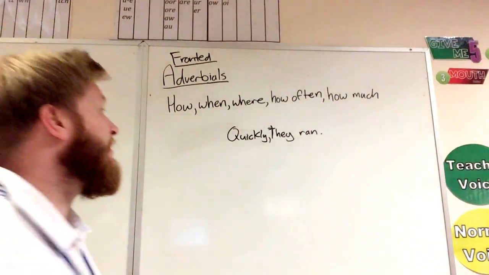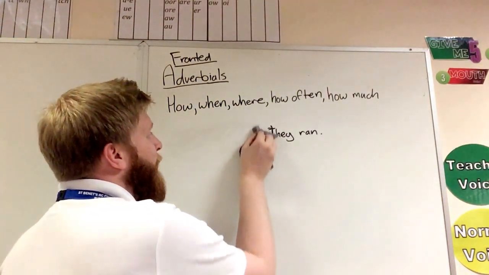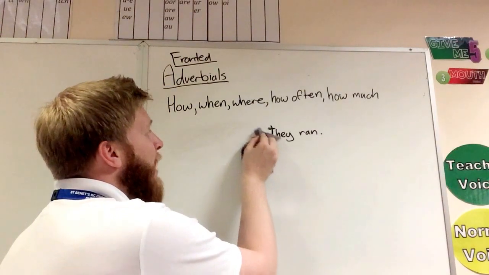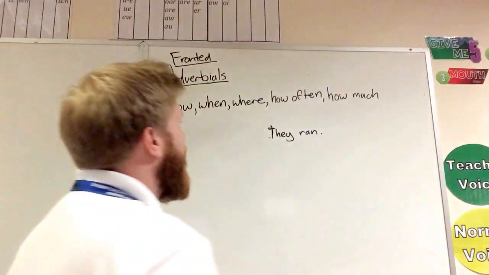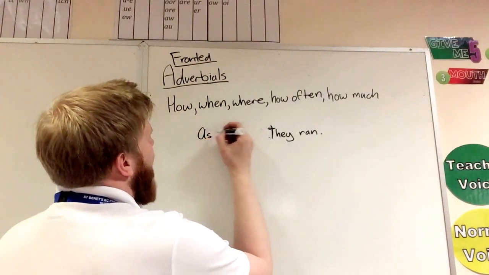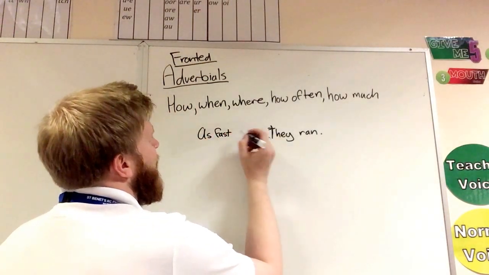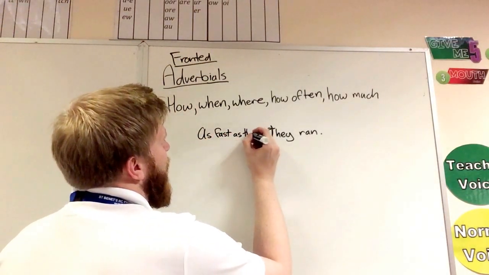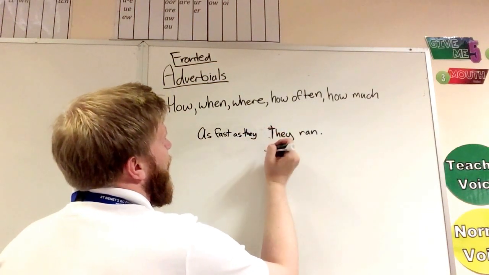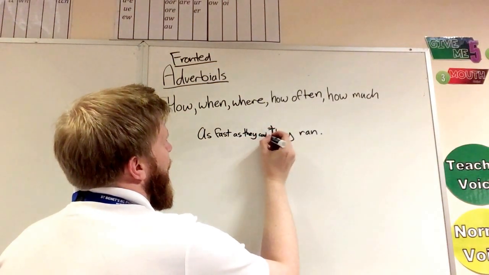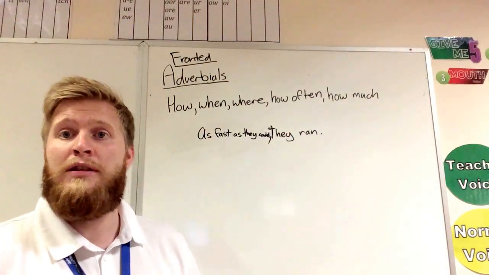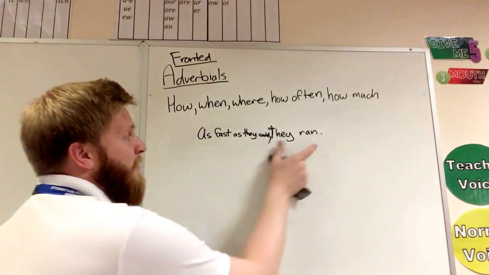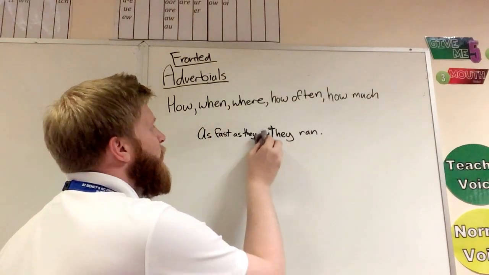A fronted adverbial is again an adverbial at the front of the phrase. So again, we need our comma. If we're having they ran as fast as they could, we could have as fast as they could, they ran. That one's telling us about the whole clause, and it's at the front.